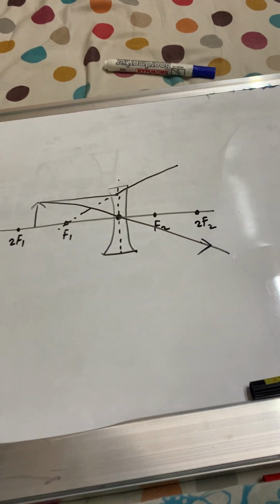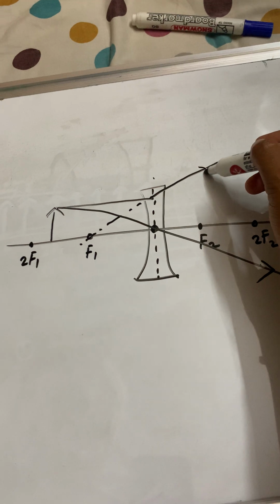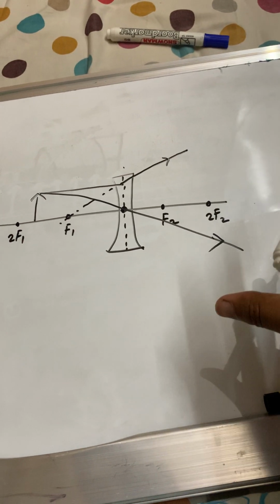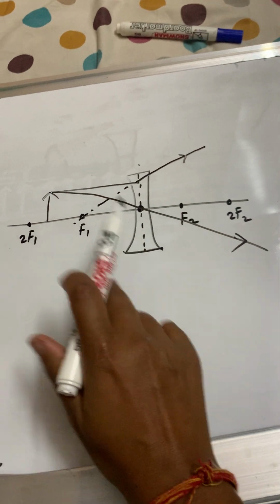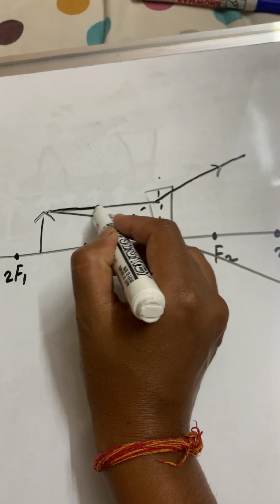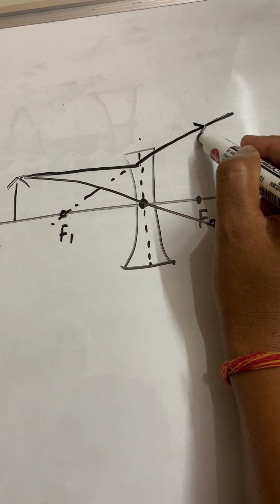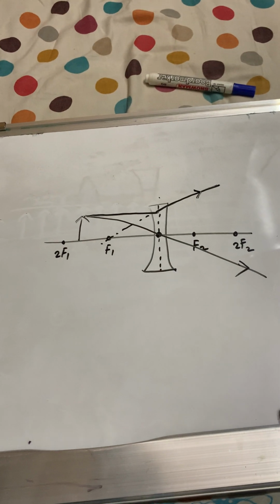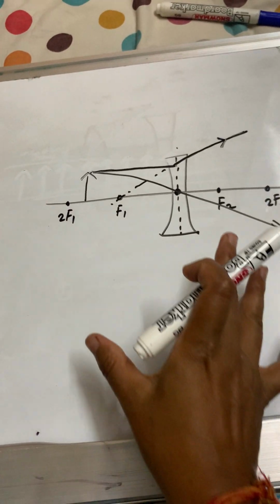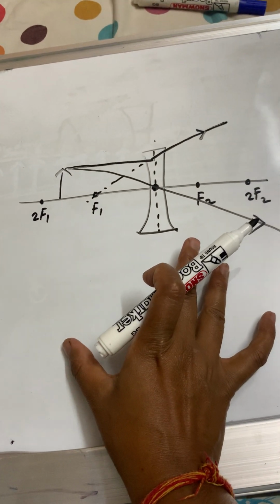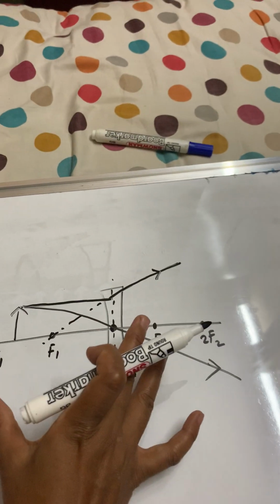So the one difference you need to know: convex lens is a converging lens, while concave lens is a diverging lens, because it is diverging the light rays. Now for the concave lens, all the time the image will be smaller and it will be on the same side.